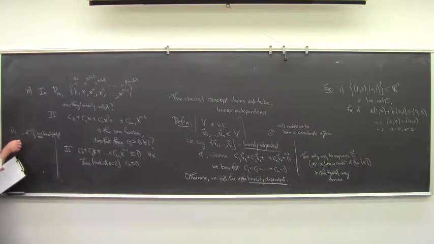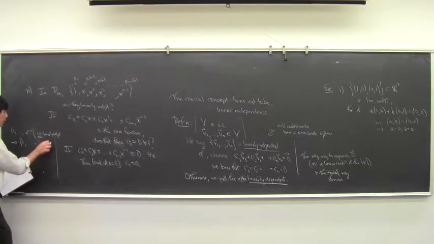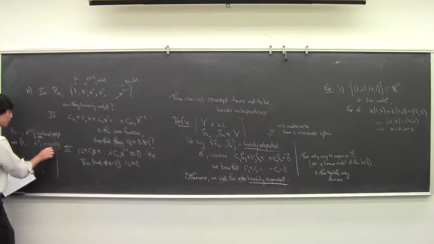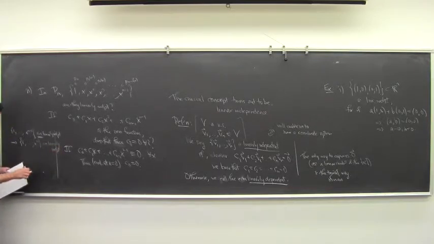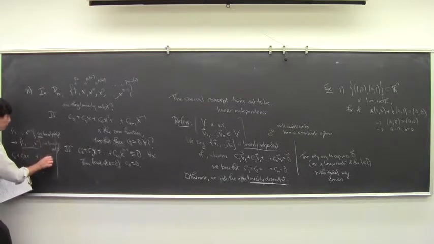You're saying then that implies that 1, x, up to x to the n are also linearly independent. Is that true? Because you'd say, well, look, C naught times the first guy plus C1 x plus Cn x to the n equals 0.